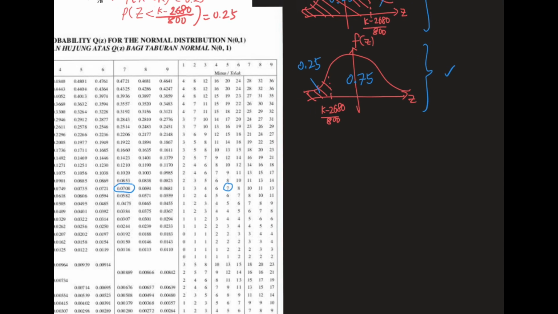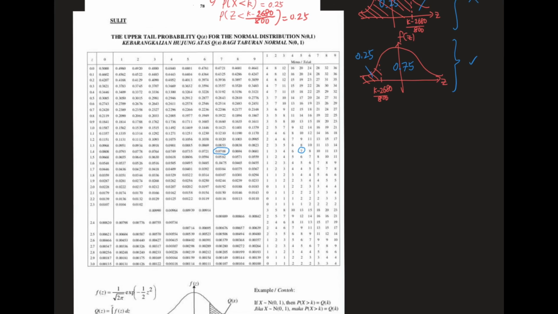We use the probability on the left to find the negative z-score. So let's see the table now. Our z-score is negative. We use the probability on the left, which is 0.25, so we look for 0.25 in the middle. Okay, so 0.2514, this value.